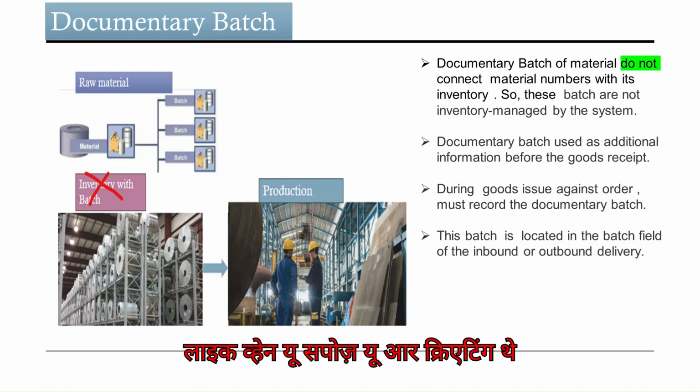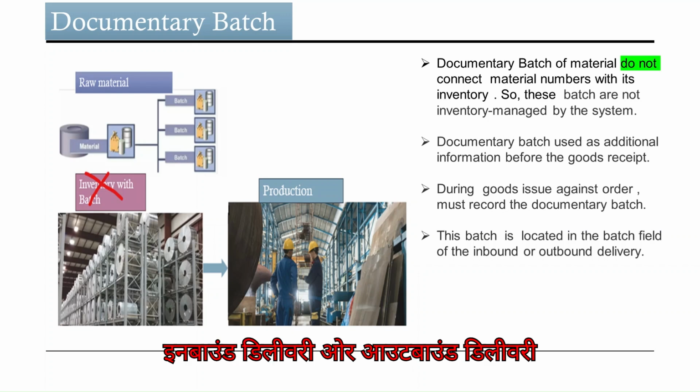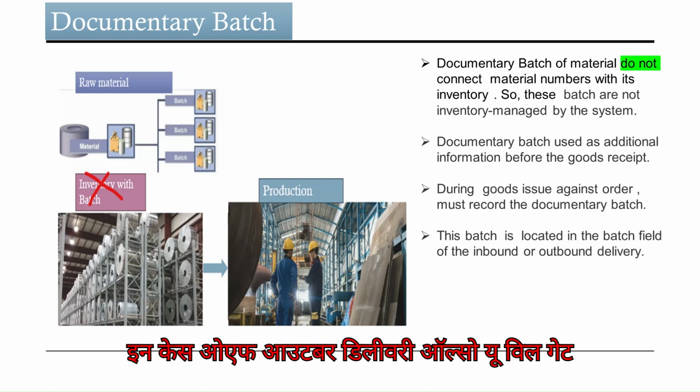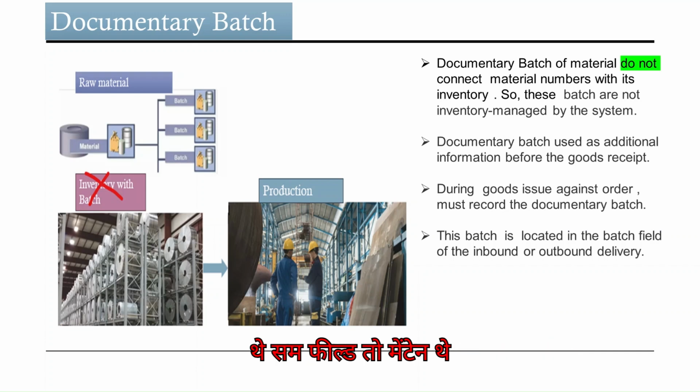Also, suppose you are creating an inbound delivery or outbound delivery to deliver the material to the customer. In the case of outbound delivery also, you will get a field to maintain the documentary batch number.